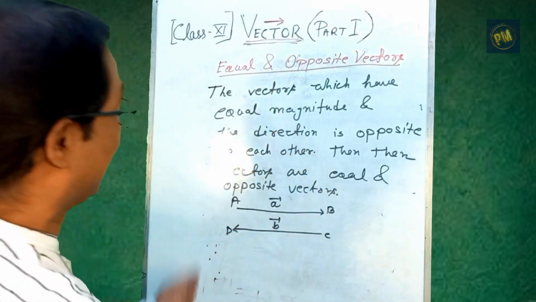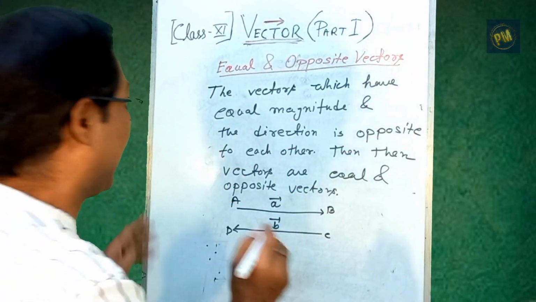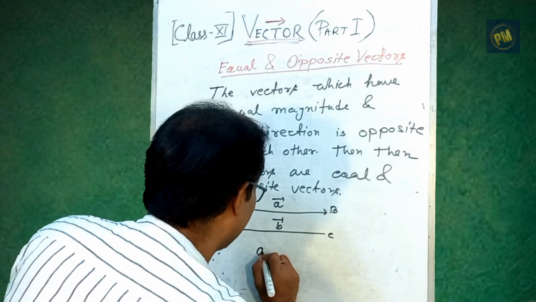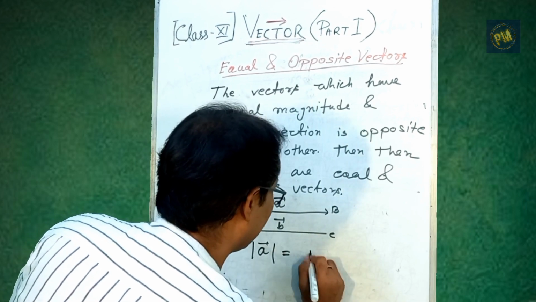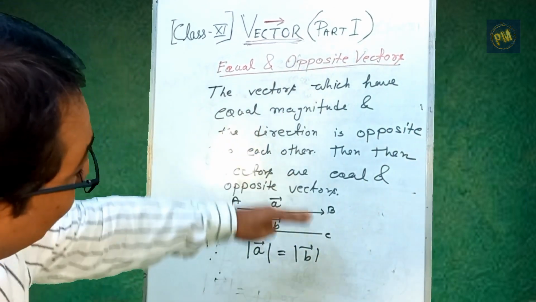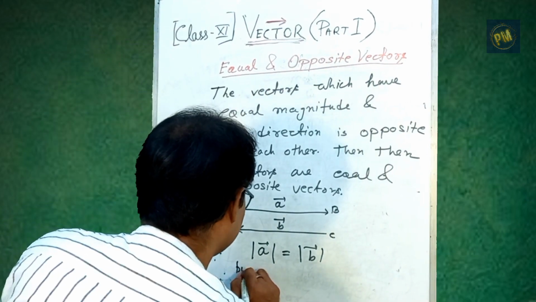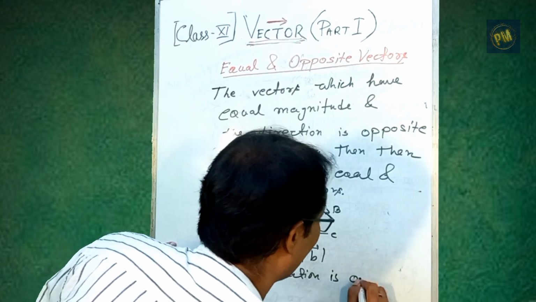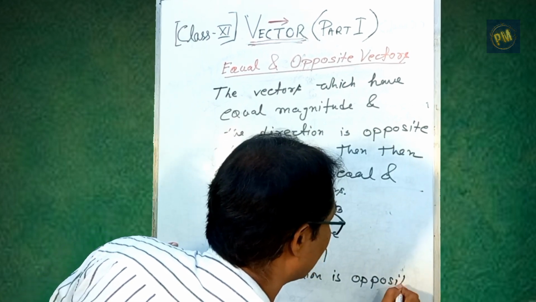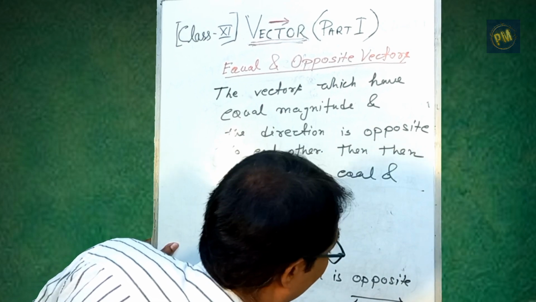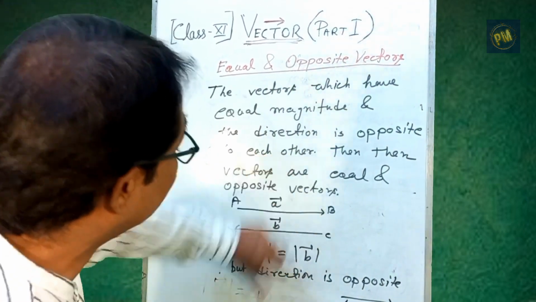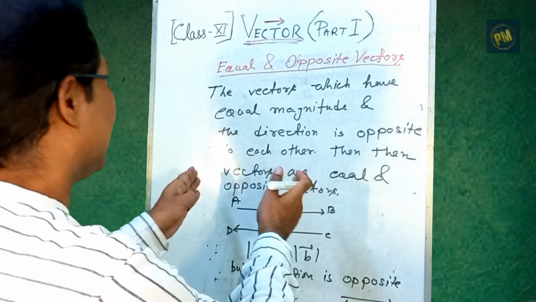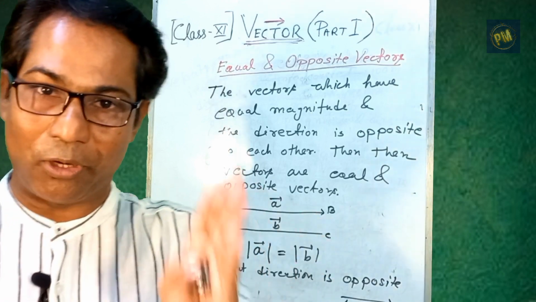We can see from the diagram that both have the opposite direction, and these vectors you can say are equal and opposite vectors when mod A is equal to mod B, that is both are equal in magnitude but the direction is opposite. Magnitude means length is equal, mod A is equal to mod B, then vector A and vector B are equal and opposite vectors.